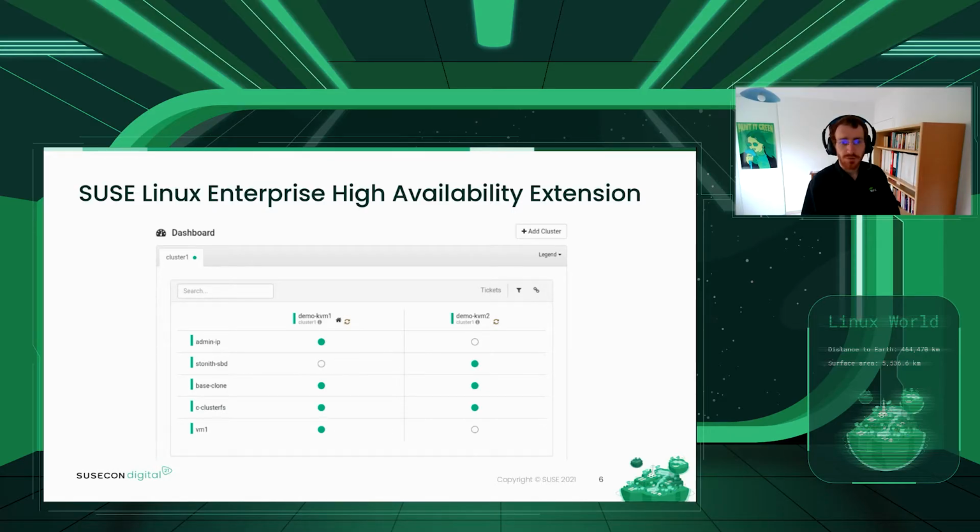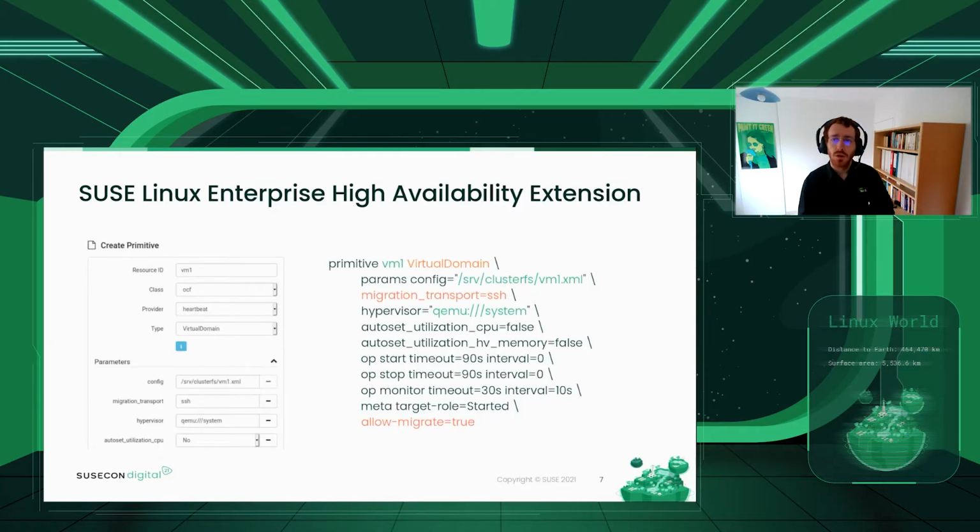On a cluster, you can define applications, IP addresses, file systems, and also virtual machines, which is what we want to look into in more detail now. So there is a virtual domain primitive to define virtual machine resources within the cluster.